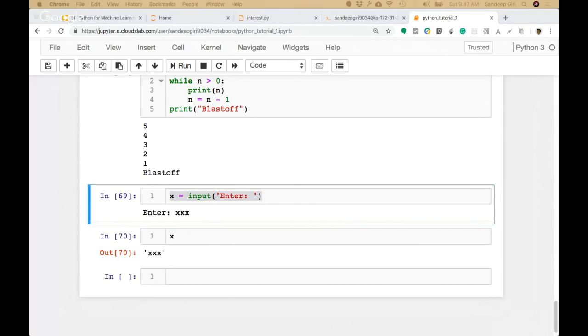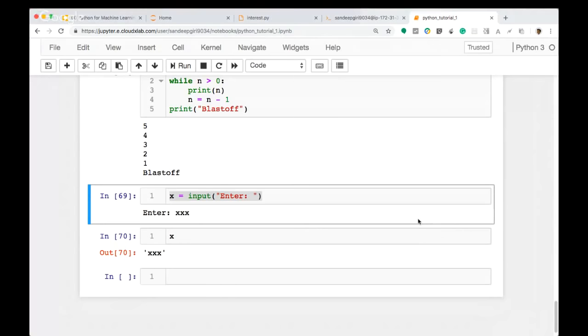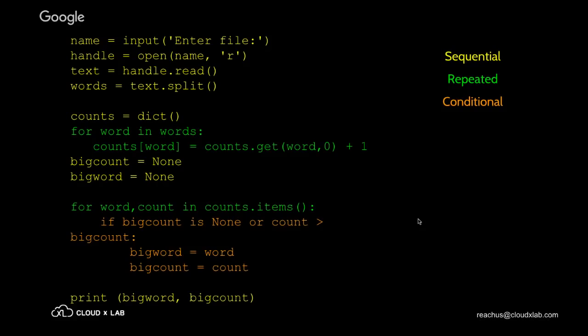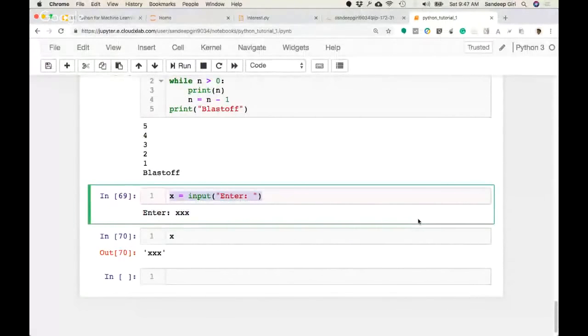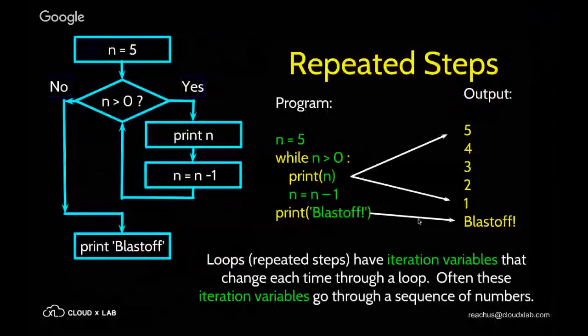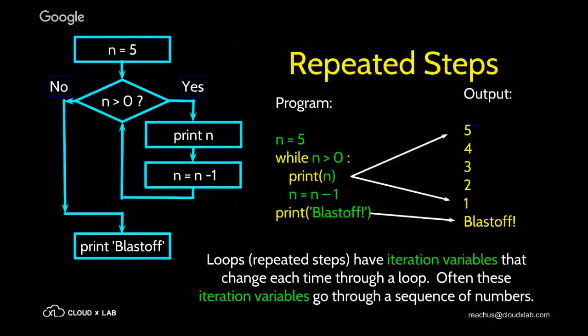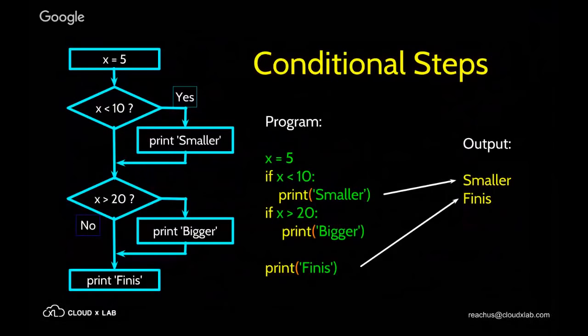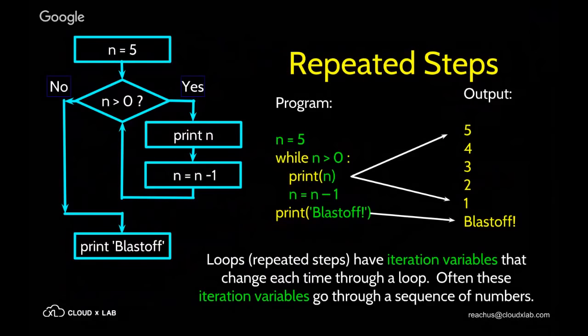Try this. Wonderful. Let's move ahead. So these are called repeated steps. Python has if-else conditions, it has all kinds of expressions, and then it has the while loop and so on.